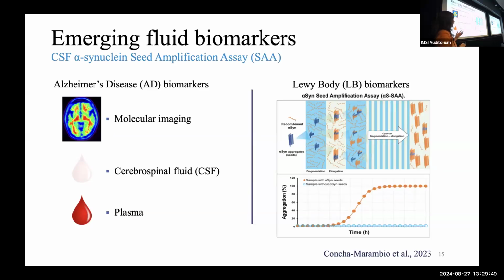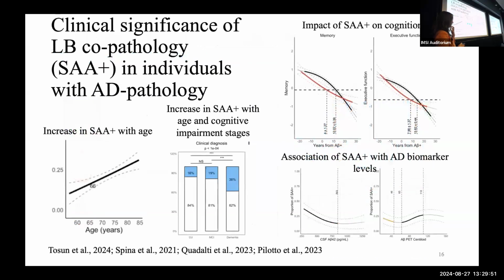It tells us if the participant has alpha-synuclein seeds or not. But although that is a limitation, it still has huge clinical significance for us to understand the role of Lewy body co-pathology in Alzheimer's disease from an individual's perspective.